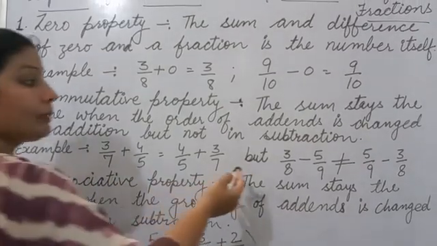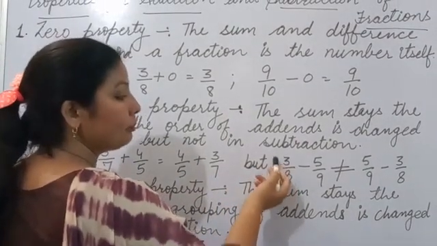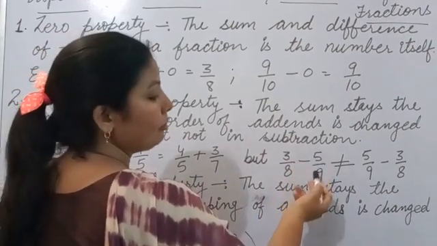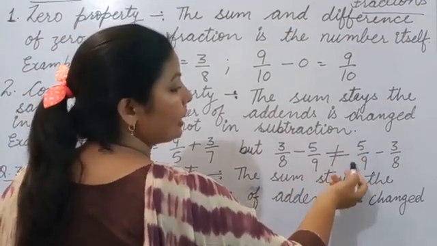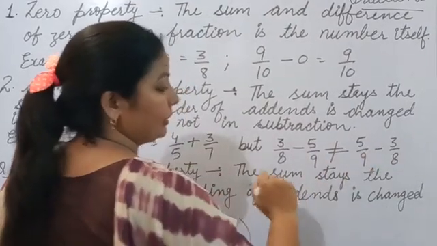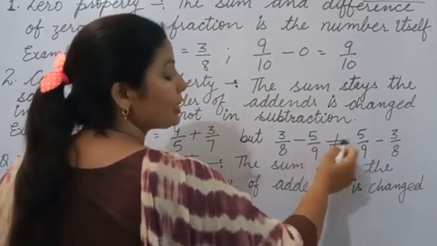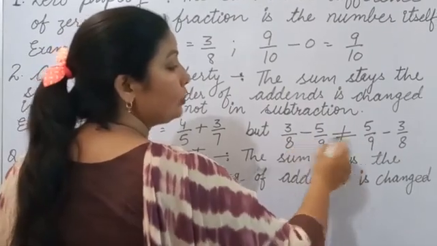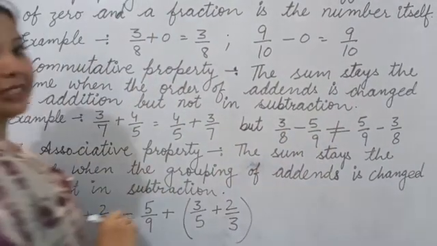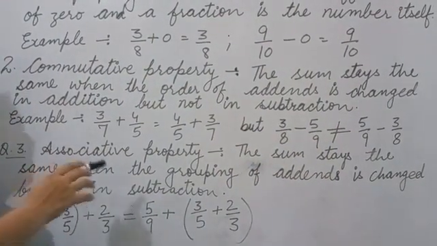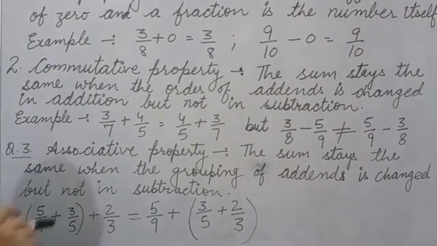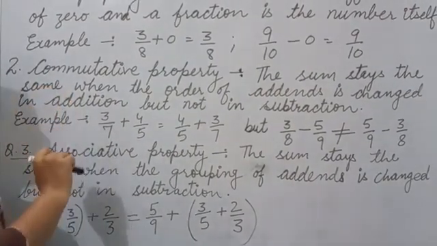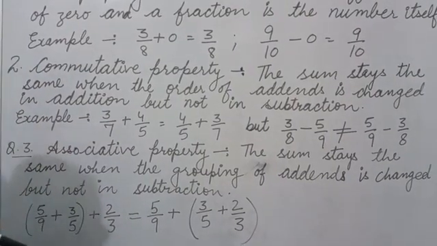But in subtraction, see here, 3 upon 8 minus 5 upon 9 does not equal 5 upon 9 minus 3 upon 8. This is the symbol of does not equal. These are not equal because we can't change the order in subtraction. We can change only in addition. So the commutative property holds only in addition, not in subtraction.